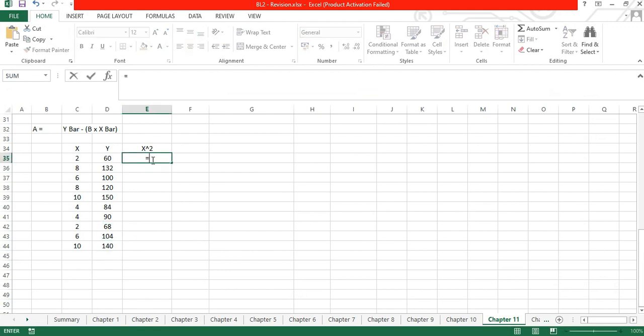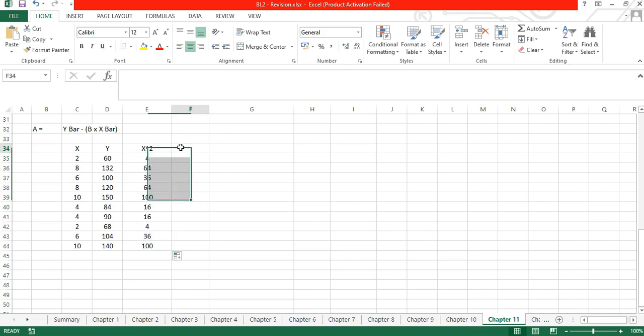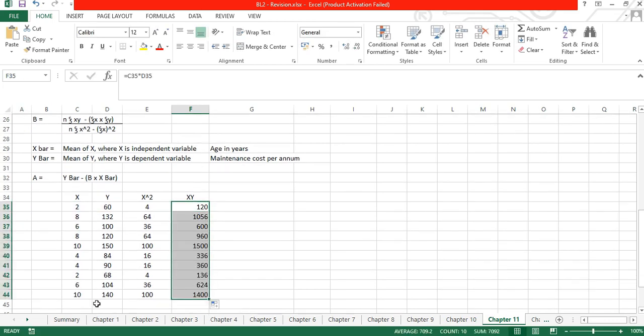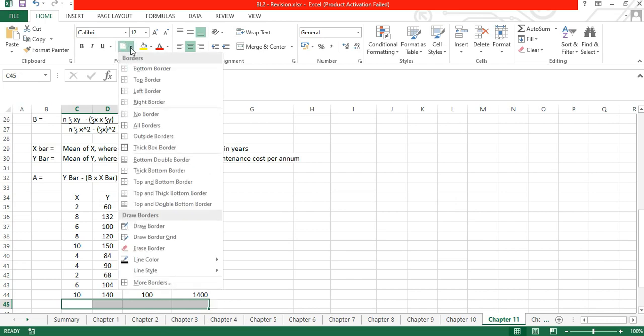X squared therefore is 2 into 2, 2 by itself, right? Because it's the square. So get it. Then we also need sigma x into sigma y, and also we need sigma xy. See the total of x into y. When I put x into y, that means x multiplied by y. Take the total.